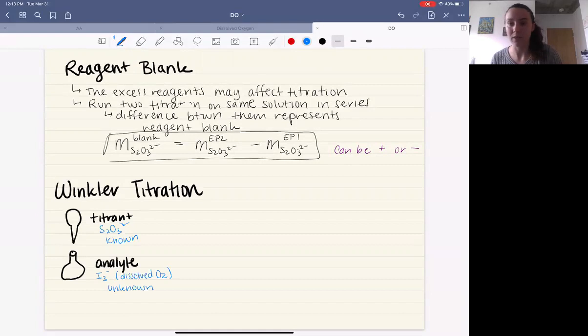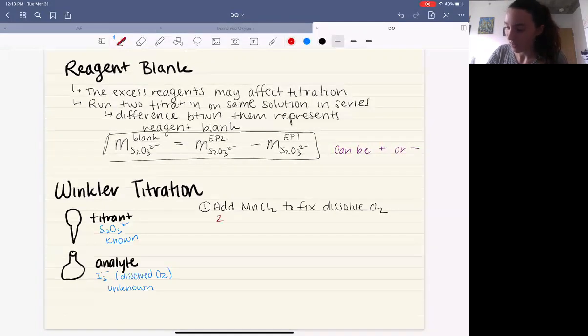So to do that, first step is to fix the oxygen in the solution. Step 1, we're going to add manganese chloride to fix any dissolved oxygen. Okay, so that reaction is 2 manganese hydroxides react with oxygen in order to form this precipitate.